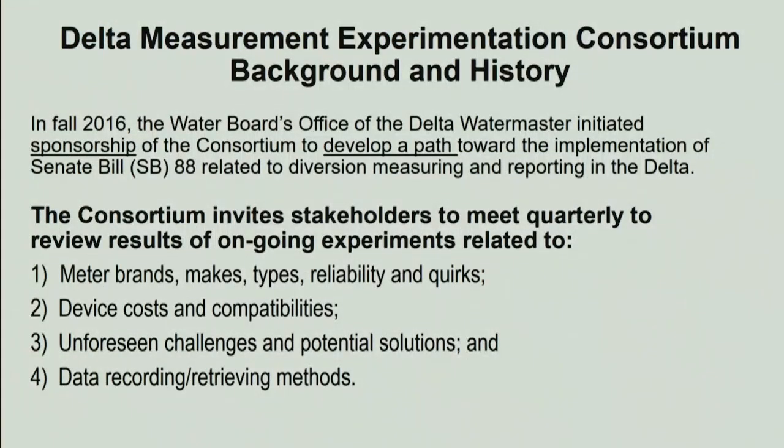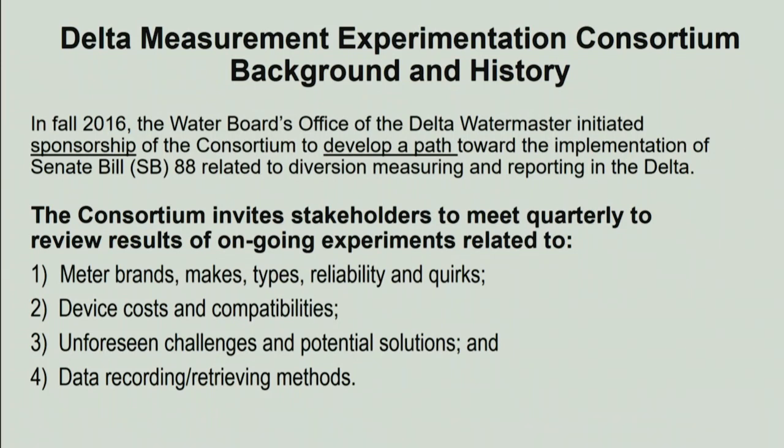So what did we do? We said, look, before everybody spends a ton of money on stuff that may not work, let's instead get together a bunch of people who are working on this, and let's do some experiments. Let's find out what works. Let's eliminate what doesn't work. And so we brought together a group of stakeholders to try and determine what kind of meters work, what kind of problems do you have.